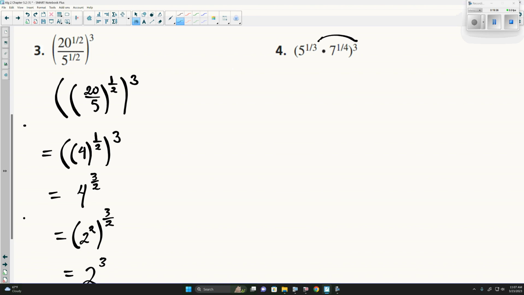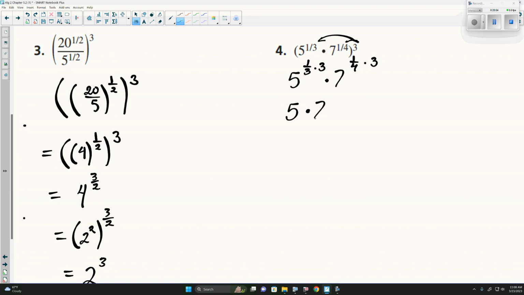Now the next one, our first step is going to be to apply that power of 3 to both the 5 and the 7. And when we multiply it by the 5, we get 5 to the 1/3 times 3 times 7 to the 1/4 times 3. Now our 5, well, 1/3 times 3 is 1.